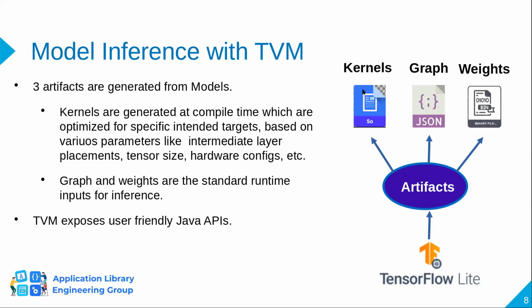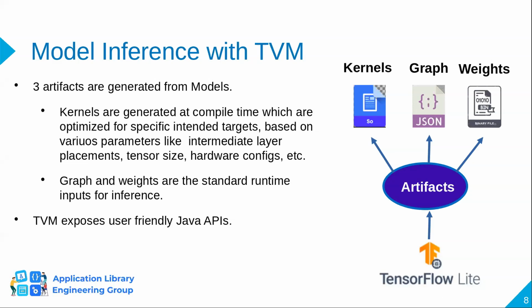One is your kernel, a .so file. One is the graph, in JSON format. And one is your pre-trained weights, in binary format. We'll use these three artifacts to execute or do the inferencing on the target.